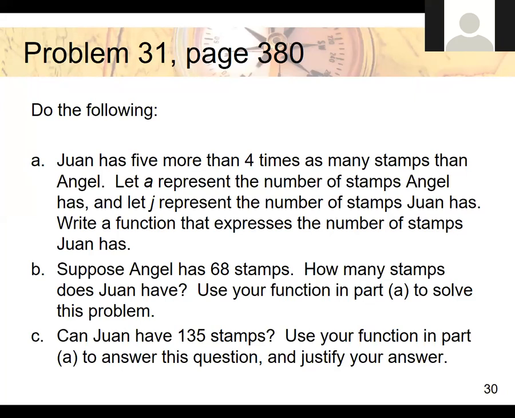That one is: 1 has 5 more than 4 times as many stamps as Angel. Here I'm going to let A represent the number of stamps Angel has, and let J represent the number of stamps 1 has.